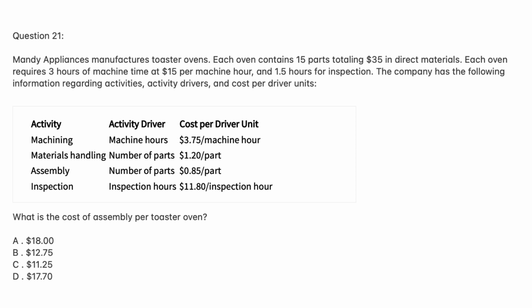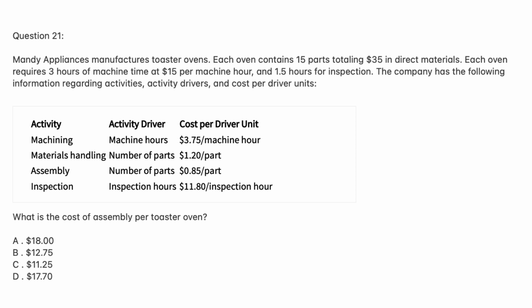Machining, machine hours, $3.75 per machine hour. Materials handling, number of parts, $1.20 per part. Assembly, number of parts, 85 cents per part. Inspection, hours, $11.80 per inspection hour. What is the cost of assembly per toaster oven?